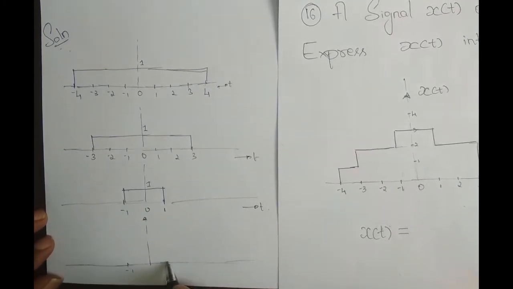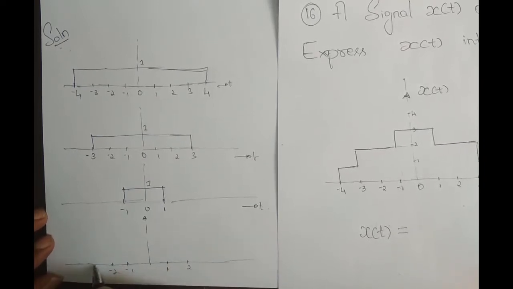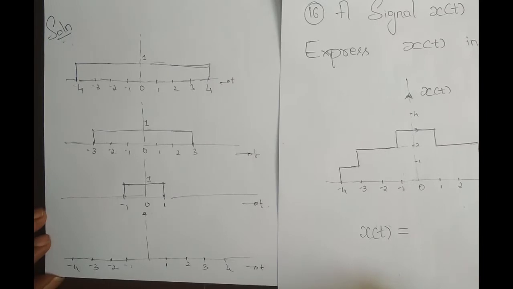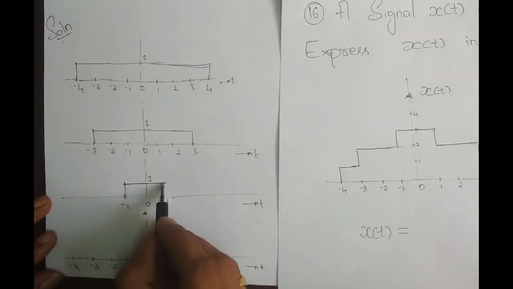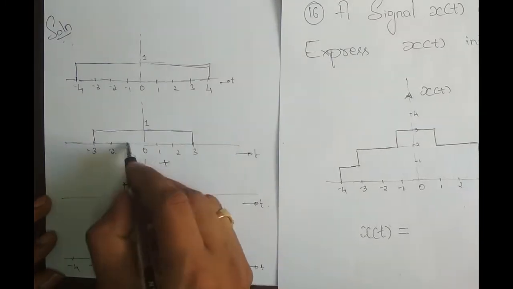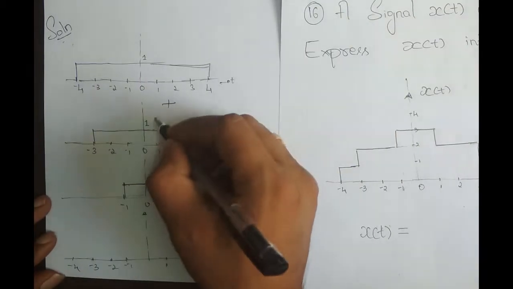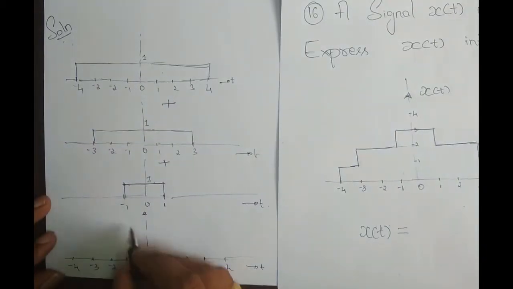This is -1 plus 1, -2 plus 2, -3 plus 3, -4 plus 4. So from -1 to 1, what is the amplitude of the first signal? 1, right? Plus the amplitude of the second signal, which is 1, plus the amplitude of the third signal, which is 1. So 1 plus 1 plus 1, for t varying from -1 to 1, will be 3.